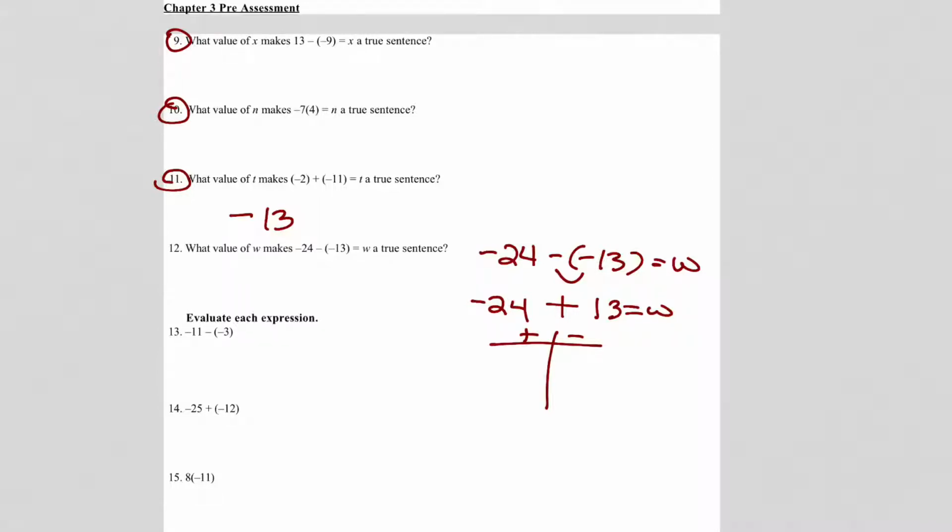The negative team scored 24 points, and the positive team scored 13. So we want to know which team won. As you can see, the negative team scored more points, so the negative team won. And if I subtract, we know that the negative team won by 11 points. So the answer is negative 11.